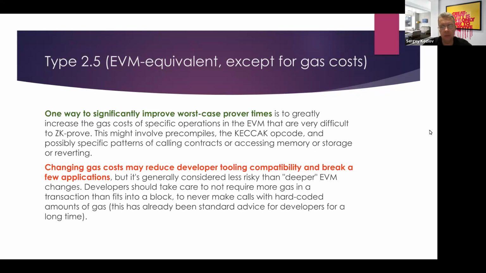For example, if you try to hard code an amount of gas in your smart contract, that might be a problem, because if it works on Ethereum mainnet, Ethereum L1, it might not work on our type 2.5 EVM, because at some point you will need more gas, but you hard coded the lower amount, so your smart contract will not work.